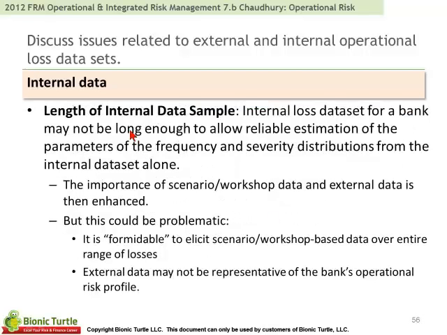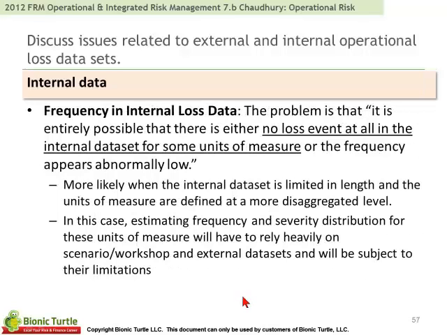Okay, another classic problem. This is always an issue in finance, but this again manifesting now in operational risk. The length of the internal data sample. Frequency in internal loss data. The problem is that it is entirely possible that there's either no loss event at all in the internal data set for some units of measure, or the frequency appears abnormally low. So this is our thematic problem.